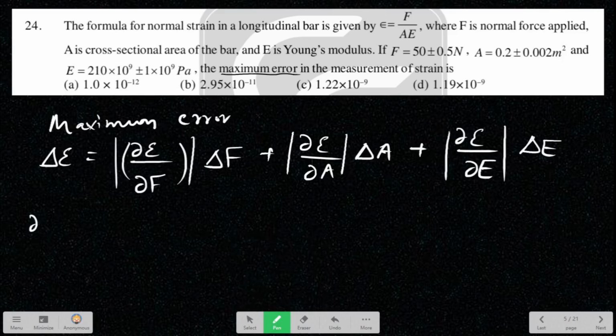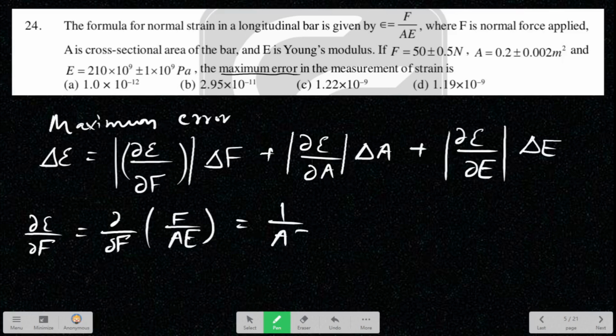Now if you calculate del epsilon upon del F, you get del by del F of F divided by AE. So this is equal to 1 by AE. Its modulus will be 1 by AE modulus.